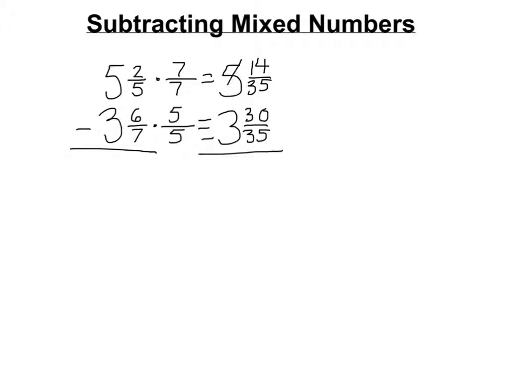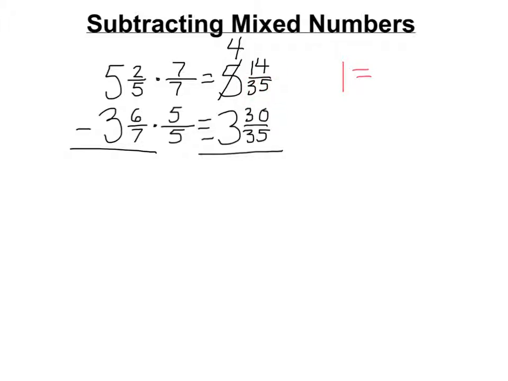So I'm going to borrow from the whole number. I'm going to take 1 away. And that's important that we understand we're taking 1 away. Let's go ahead and write that over here in red. So I'm taking 1 away. I need to understand, what is that worth? I'm going to be taking that 1 and adding it to my fraction. Well, this fraction, each piece is a 35th.